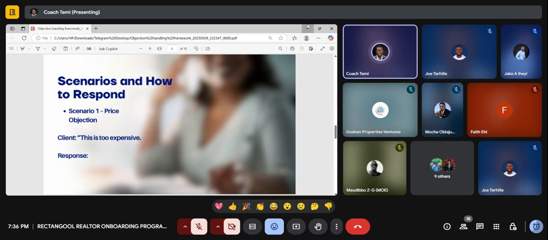Because we want to give them what they want, not what we sell. And that is why in real estate we have to have many options. So Mo at this point is not even concerned about how much it costs. Mo wants to buy a property that is close to UI or in the city that he can sell off or maybe start doing business with in the next 5 years.